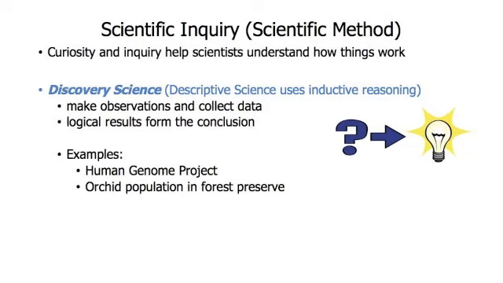This basic human drive to understand is manifest in two main scientific approaches. One is discovery science. In this science, it's mostly about describing nature, and the other is hypothesis-driven science, which is mostly about explaining nature. Most scientists practice a combination of these two forms of inquiry.